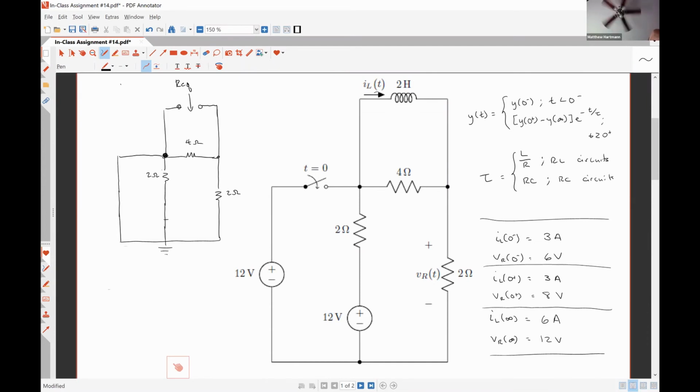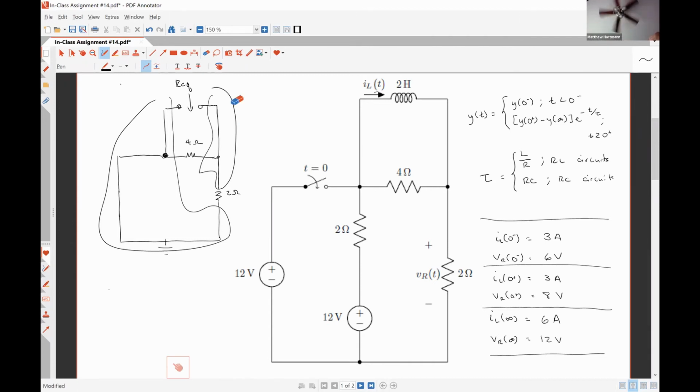To make things clear, this 2 ohm resistor here is in parallel with this short circuit, which means that this 2 ohm resistor is effectively doing nothing. So we have node 1, node 2. Those are in parallel with each other.